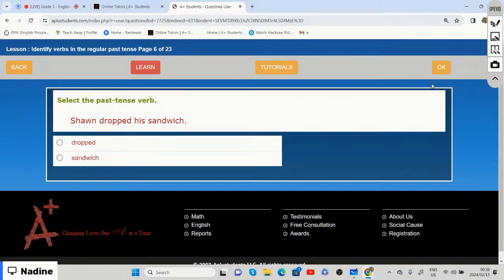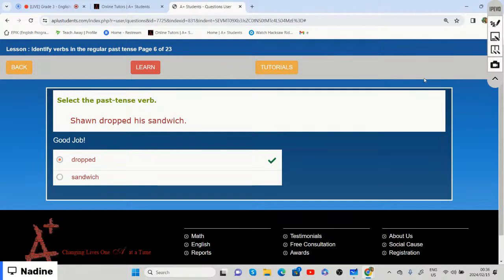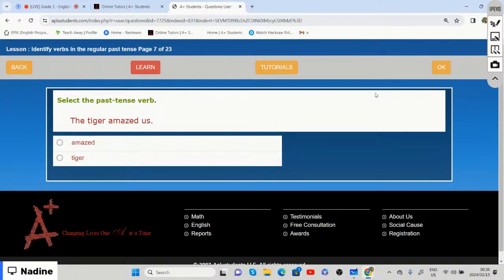And if we select the regular past tense, we will then choose the correct word, which is dropped. We added an ed, dropped. So well done, dropped is correct, right?